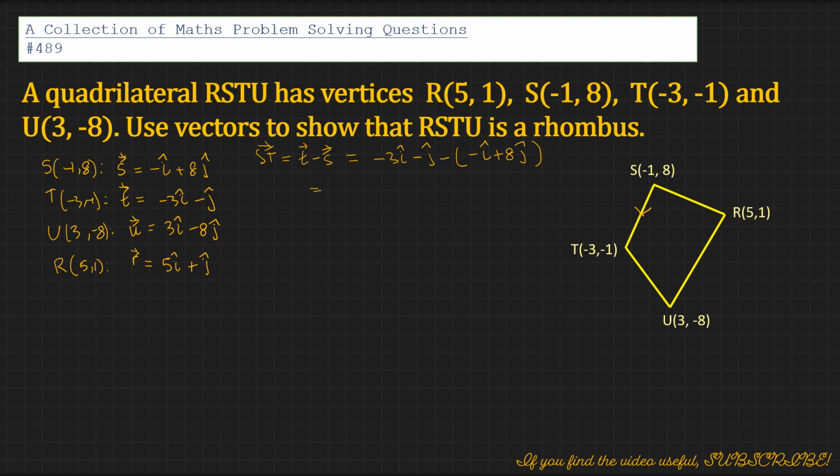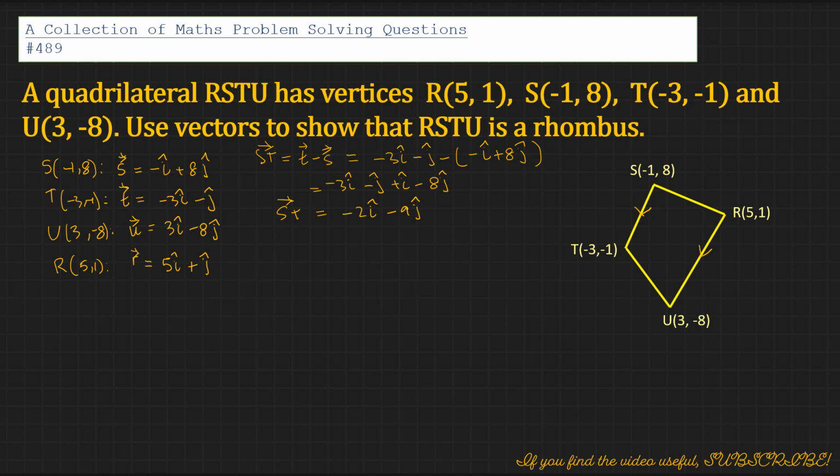Removing the brackets, that is -3i minus j plus i minus 8j. Then -3i plus i is -2i, and minus j minus 8j is -9j. So that is ST.